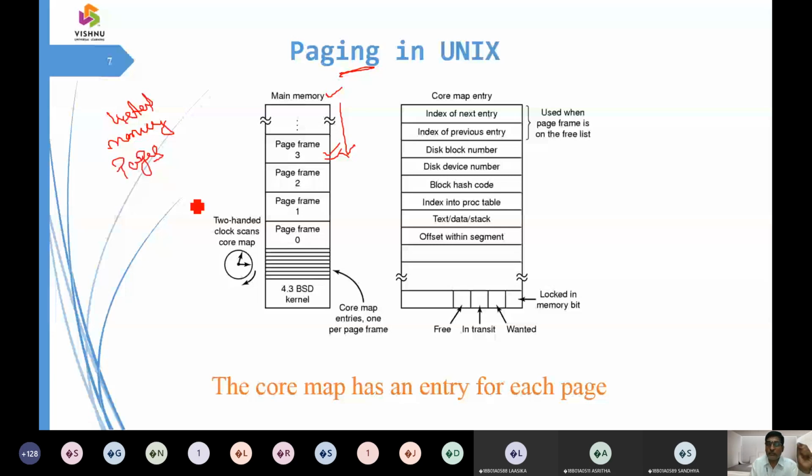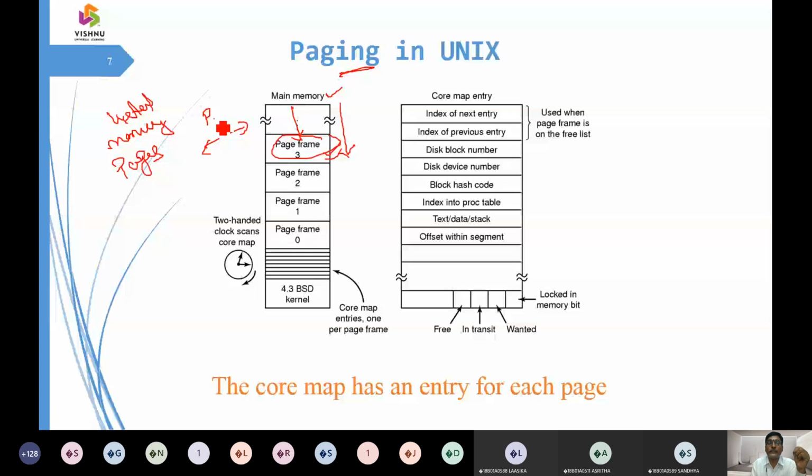Virtual memory is implemented with pages, whereas main memory is implemented with page frames. Now we need a paging mechanism, a mapping mechanism, which maps the physical addresses with the logical or virtual addresses, and this is taken care of by a page map table.